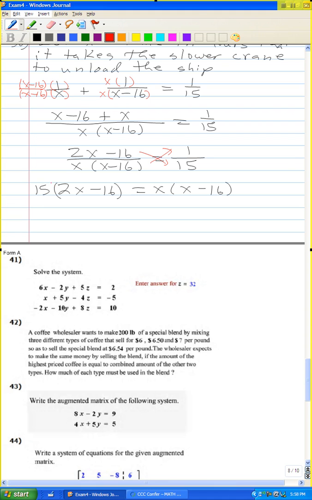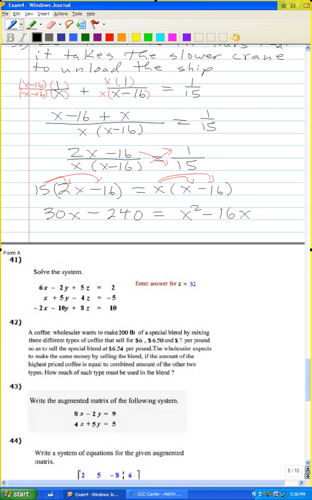And so let me multiply that inside the parentheses. And so I get 30x minus 240 is equal to x squared minus 16x.